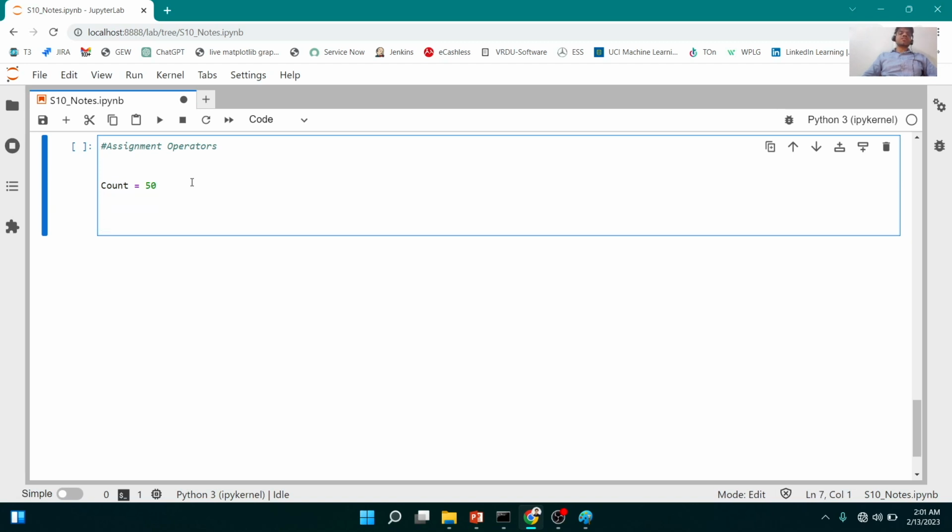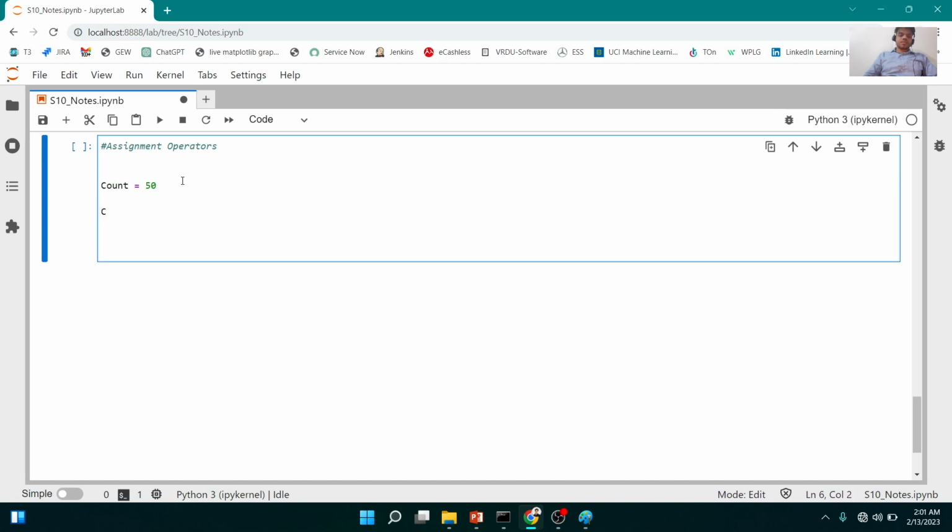Now let's learn what the other types of assignment operator are. Suppose count is equal to 50 and I'm writing here count equal to count plus 1. Since Python reads from top to bottom, it is going to create a variable called count and store 50 in it.